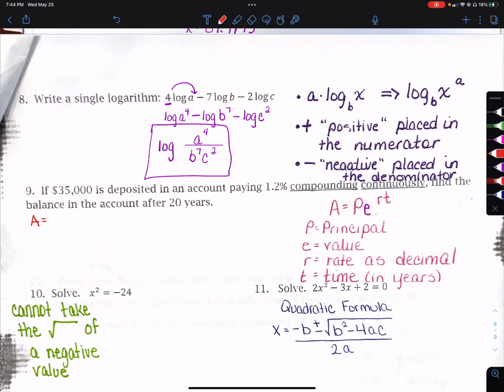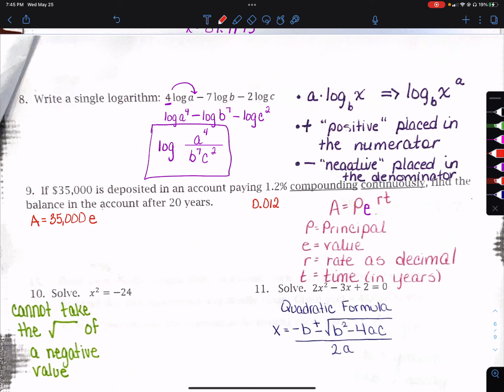P is the principal amount, the amount that we started with. So we started with $35,000. E is an actual number, so we're going to keep that here. R is the rate written as a decimal. So 1.2, we divide it by 100 so that we get 0.012 as a decimal.